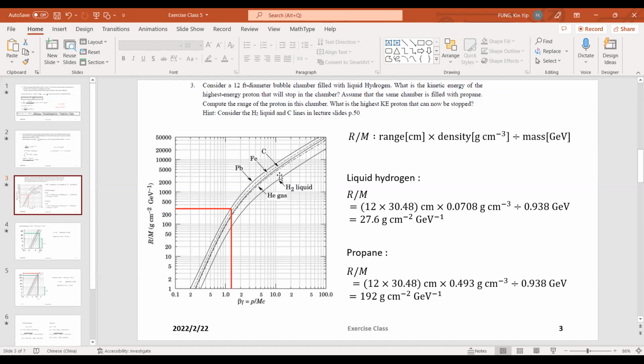So when the proton bombards a carbon atom, it's easier to excite the carbon. But for hydrogen, it will just ionize the hydrogen, and it will not cause a large energy loss for the proton. That's just my guess. So I think that's why the carbon line will dominate over the hydrogen.